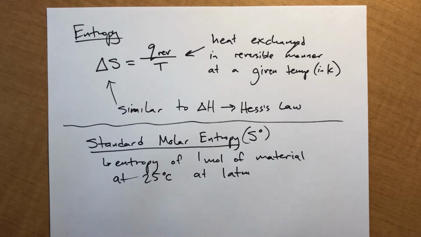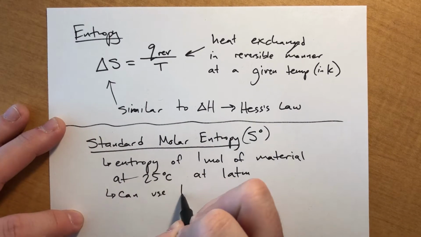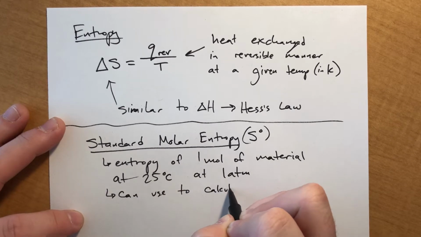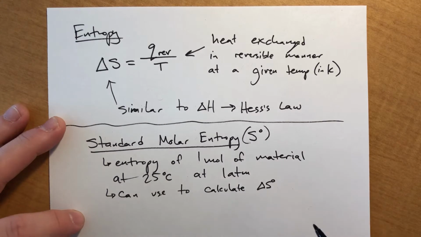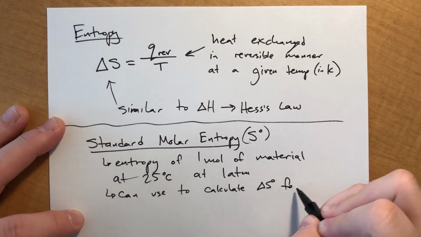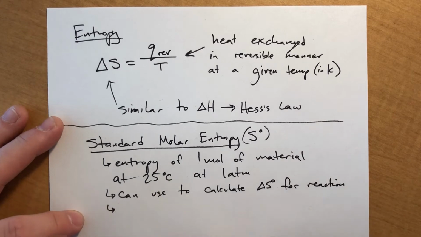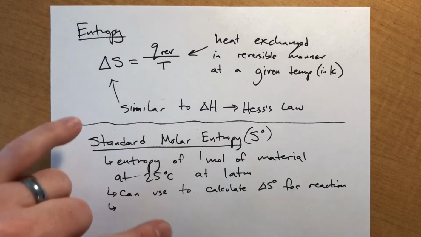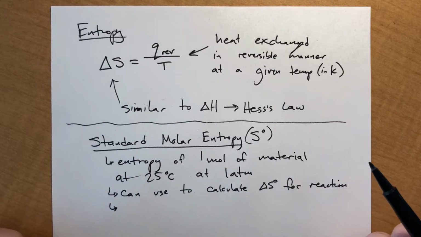And we can use it to calculate delta S. Okay, delta S at standard conditions for a reaction. The one thing that's going to be slightly complicated about delta S compared to delta H is delta H was always kilojoules per mole.